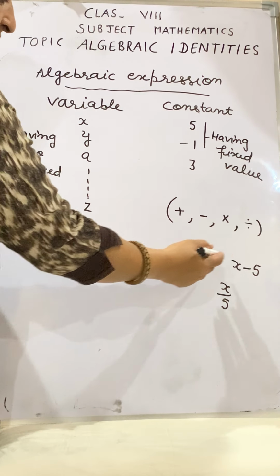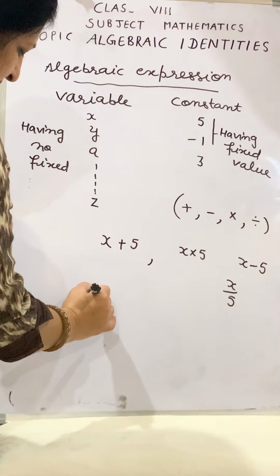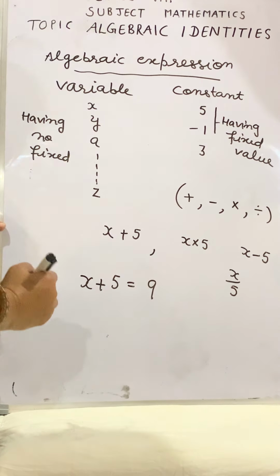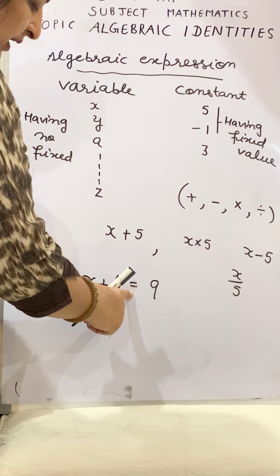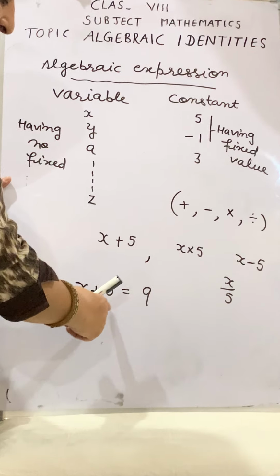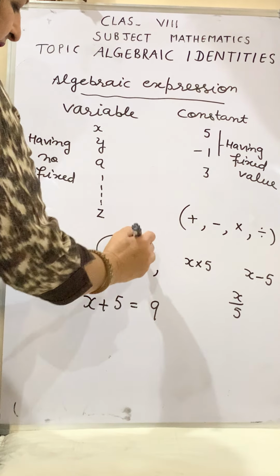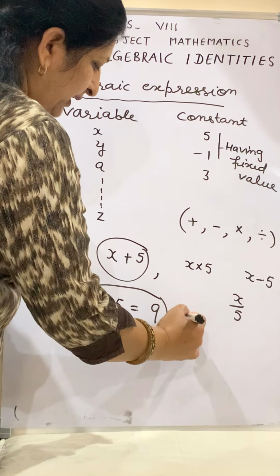These are algebraic expressions. When we write x plus 5 is 9, when we write equal to, then it becomes an equation. It is an algebraic equation.